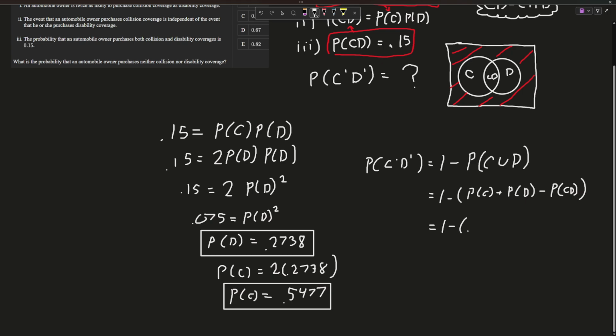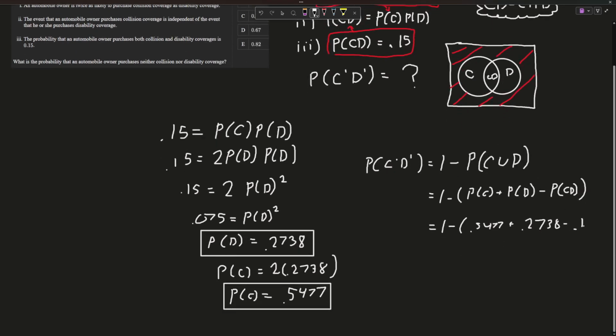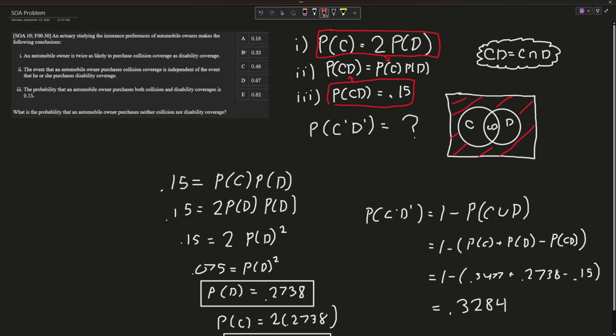So that is equal to 0.5477 plus our PD, which is 0.2738, minus our intersection, which was up here, which is 0.15. And that is equal to 0.3284, which is our answer B.